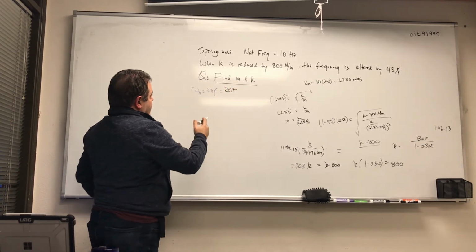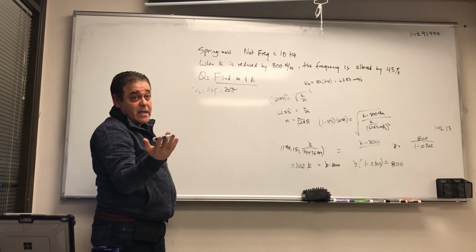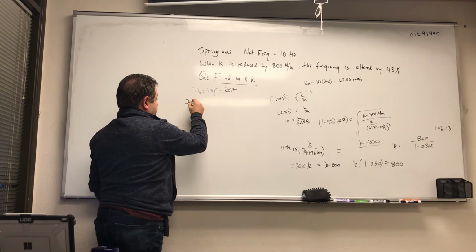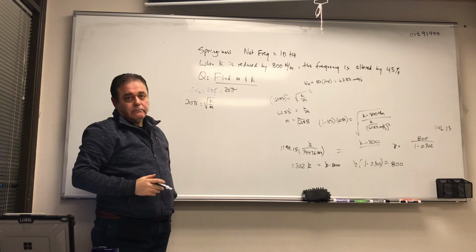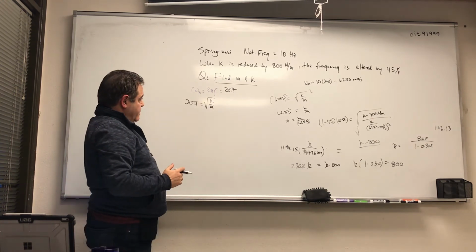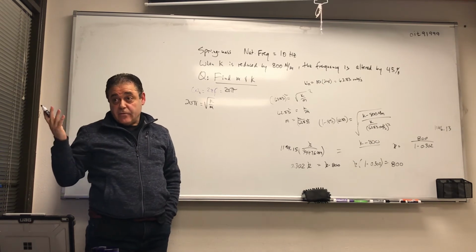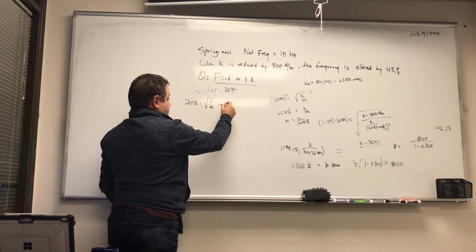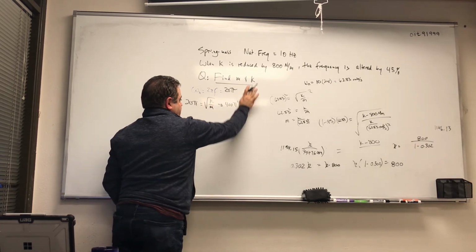Then I go, okay, I don't know what m is, I don't know what k is, but I do know that this 20 pi is equal to the square root of k over m. So it's one equation, one unknown, cannot do much with that, right? So I'm just gonna write it as 400 times pi squared is equal to, I don't like to have square root in my thing, just k over m.